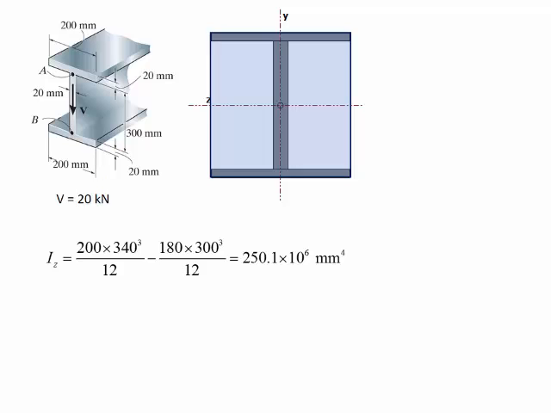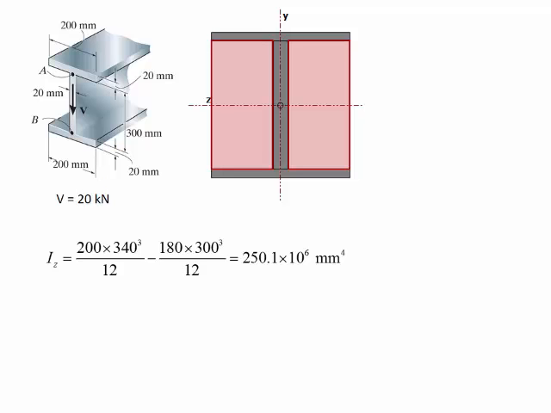So that would be the 200 millimeters width times 340 millimeters to the cube height divided by 12, and then we are going to subtract the empty spaces on the side of the web. So the width would be 180, the combined width of both, times the height, 300 to the cube divided by 12. The resulting moment of inertia is 250 million millimeters to the fourth.